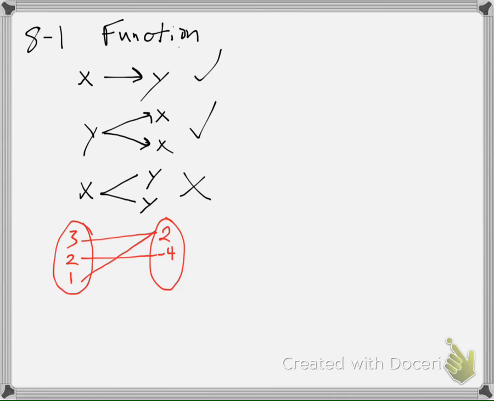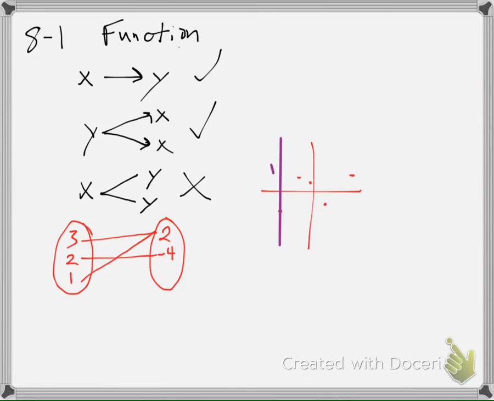If you have a graph, the easiest way to discover if something's a function is what? Thomas? Right, we have something called the vertical line test. It says, if I draw a vertical line going through any point, it's only going to go through one point at a time, right?